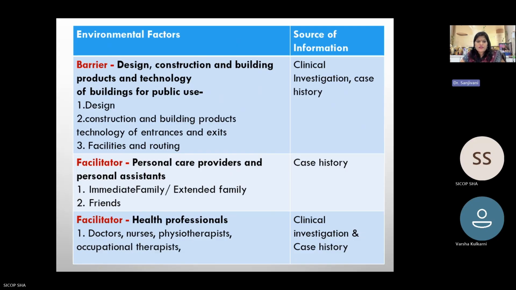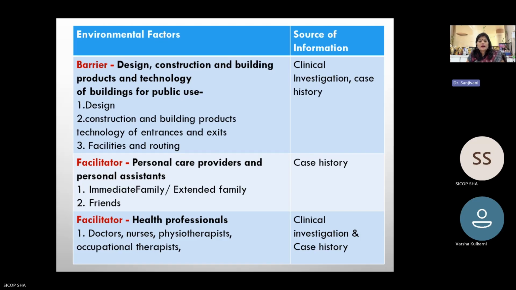Okay. So first barrier: design, construction, building products and technology. For example, if the same patient has to go by bus, and he has a lot of difficulty to catch the bus because that infrastructure or facility is not available in the bus, like ramping and taking of wheelchairs and all that, that will be the barriers.